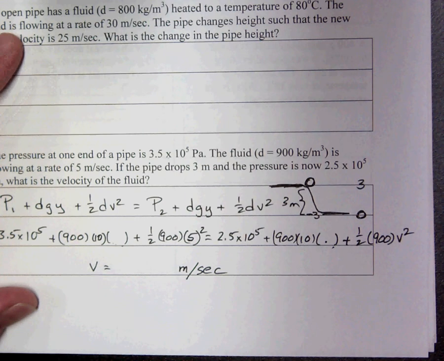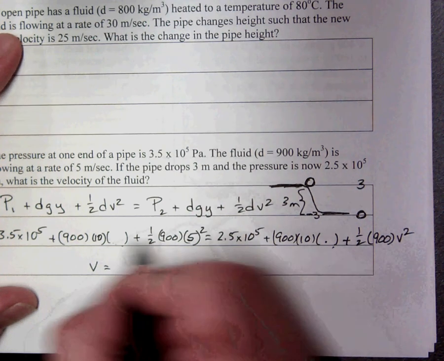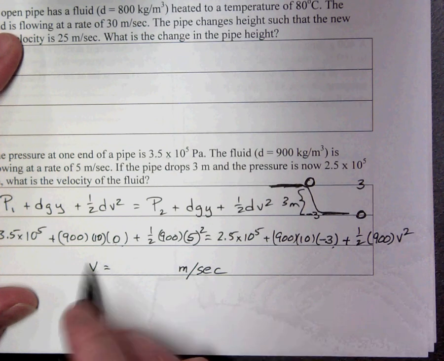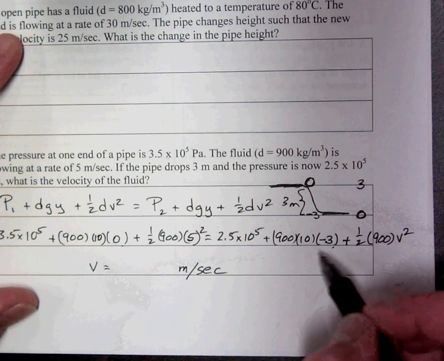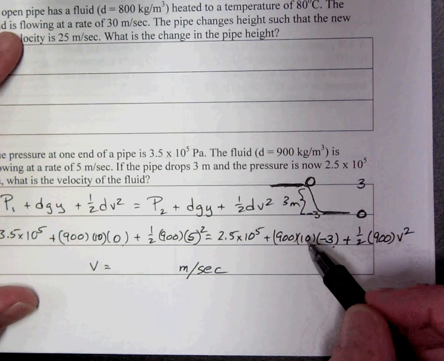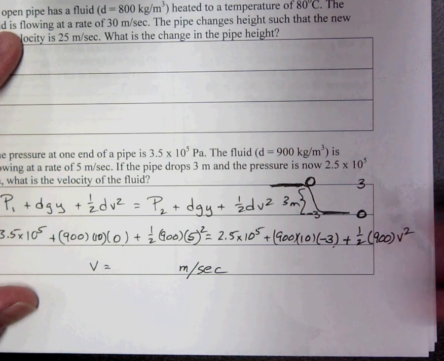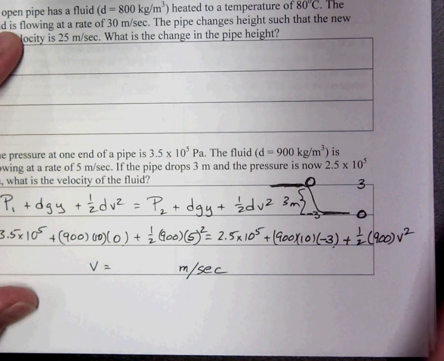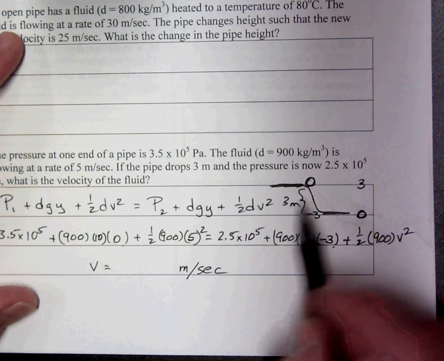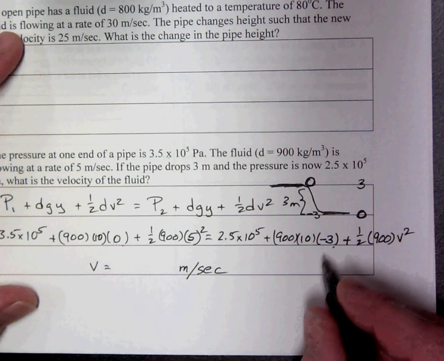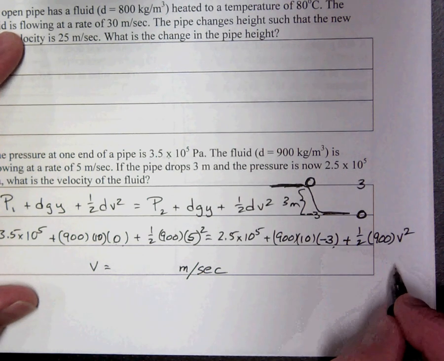Either one does work. I'm just going to do the first one, so that's 0 and -3 in there. So when you see it drop, make one of the heights a reference point, unless like in the first one you were given the 2 heights, so you couldn't do it that way. But if you're saying that it drops or it raises, make one of them 0, which is your reference point, and then adjust your other y accordingly.